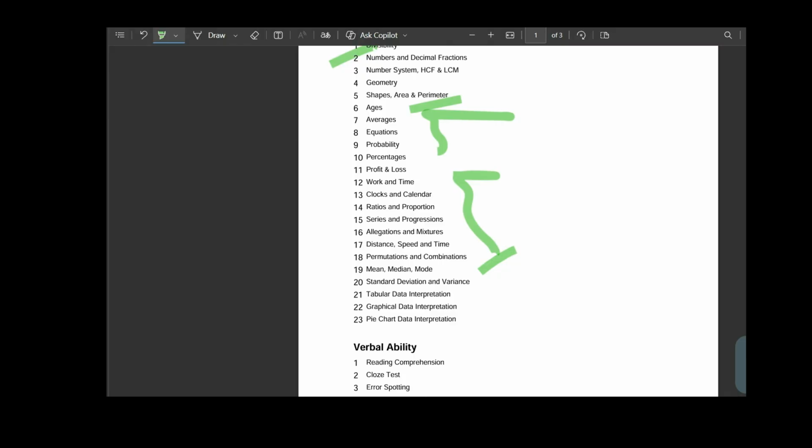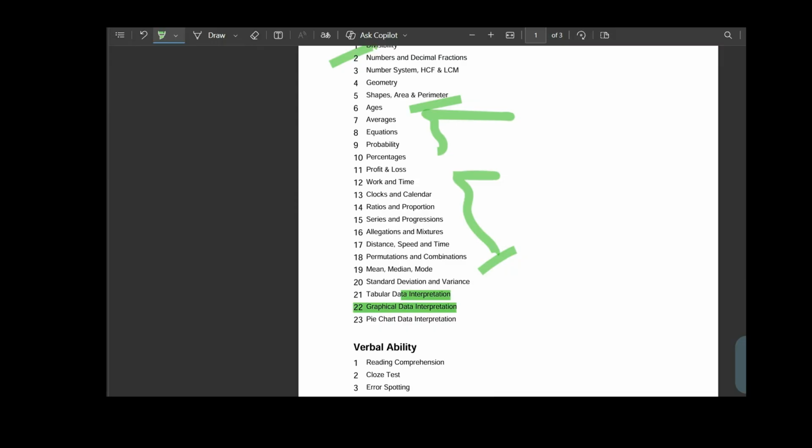Another important part of this section is data interpretation, where you analyze information presented in tables, graphs, or pie charts. Overall, this section checks your ability to apply mathematical concepts and solve quantitative problems efficiently.